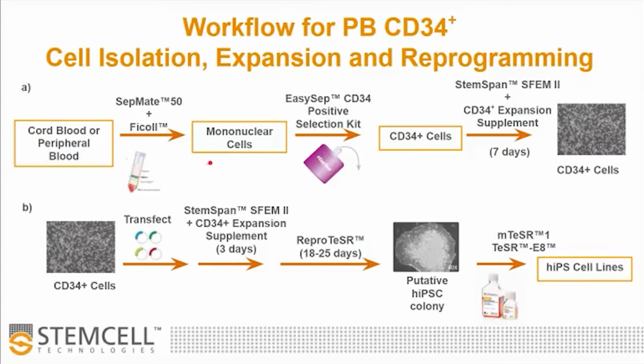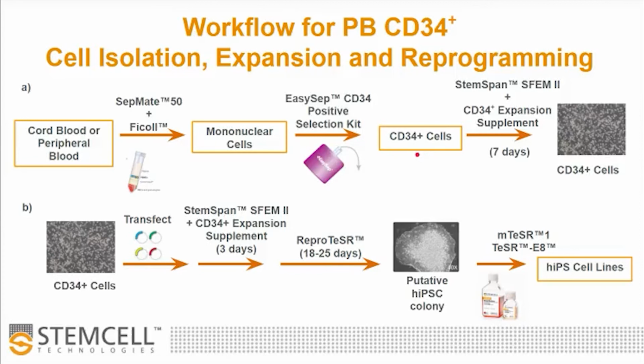We would then get our mononuclear cells by using a SepMate-50 tube and Ficoll to separate those mononuclear cells from granulocytes and RBCs. And then we take those mononuclear cells and we put them through a positive selection using our EasySep immunomagnetic cell separation. And we are positively selecting the CD34 cells there.